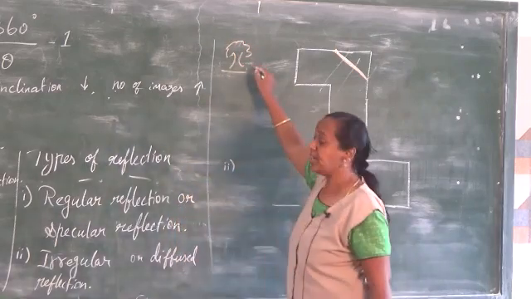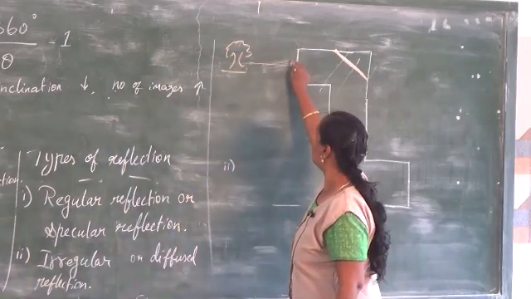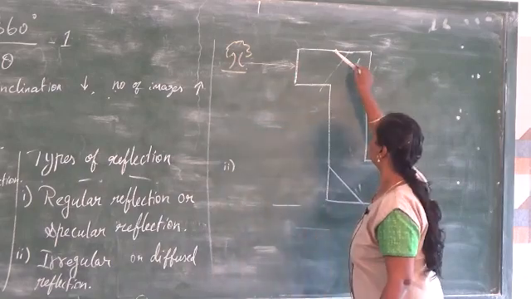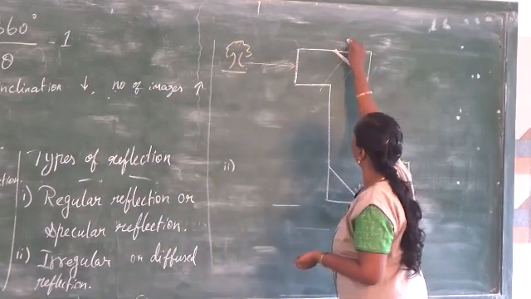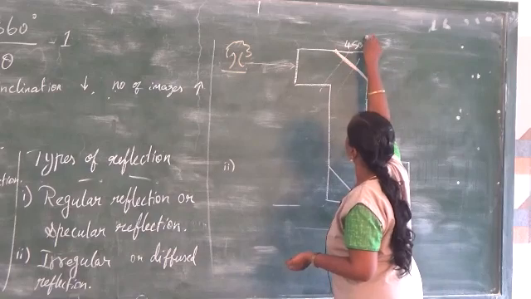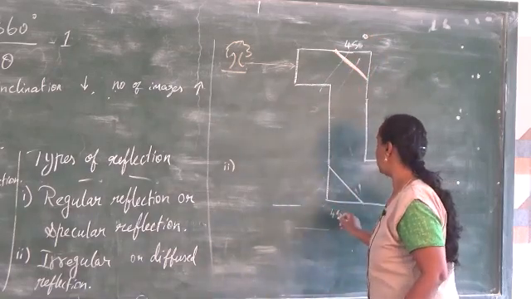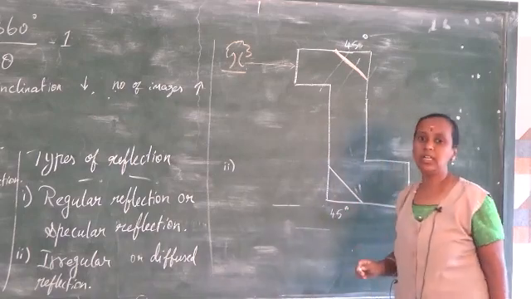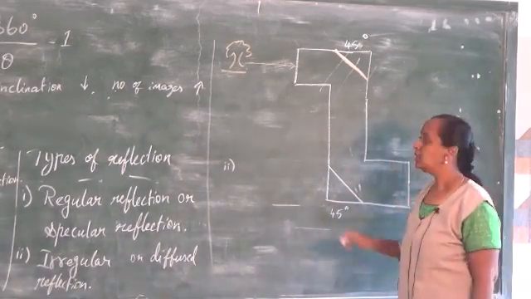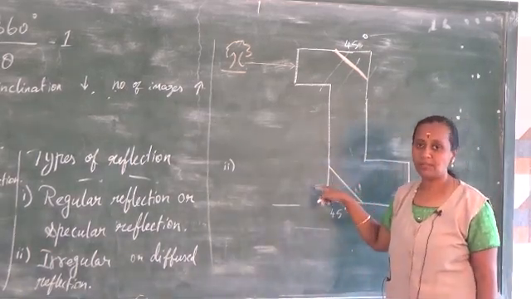The light rays from the object enter this outer case. The mirror will be inclined at an angle of 45 degrees, both at the same angle. Then only it can follow the laws of reflection, so it works based on the laws of reflection.